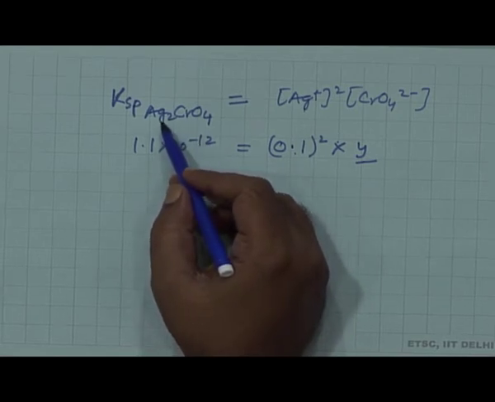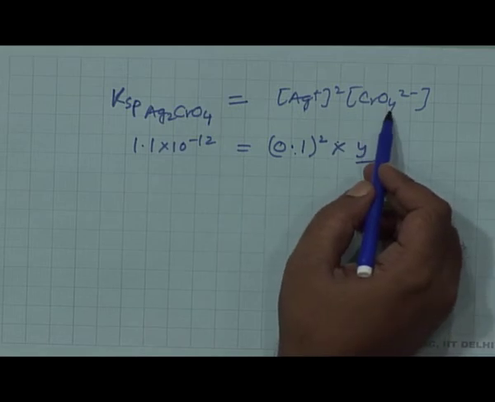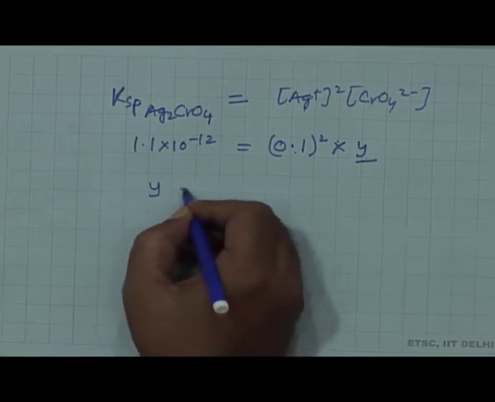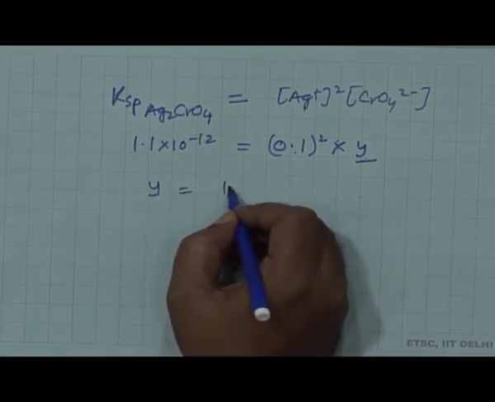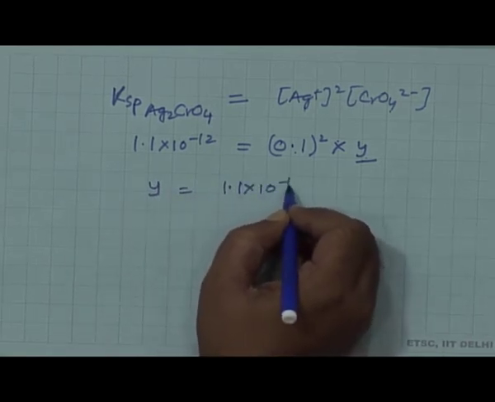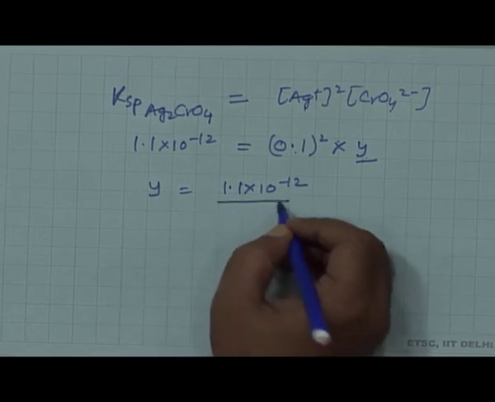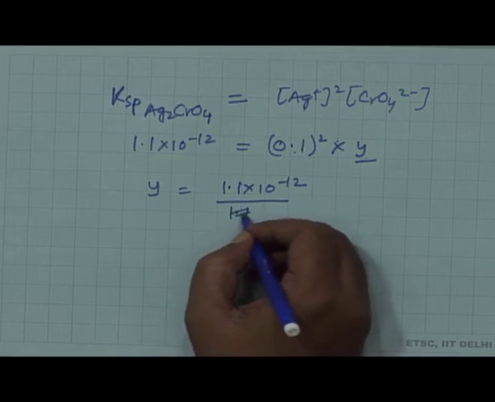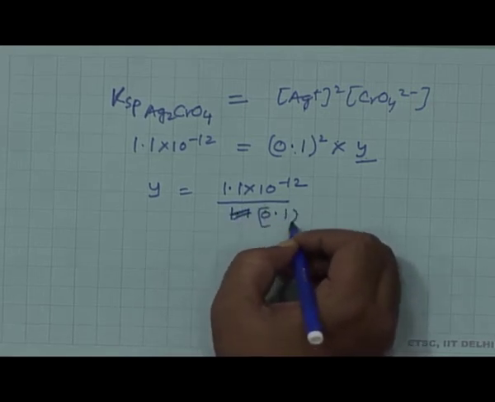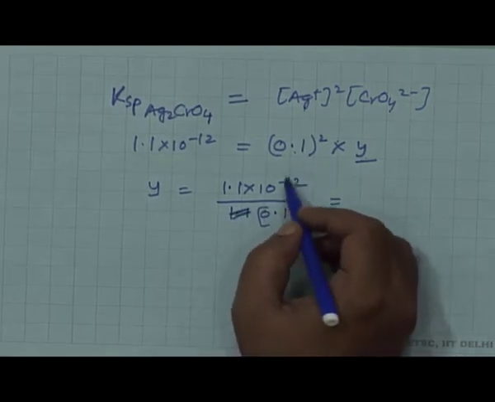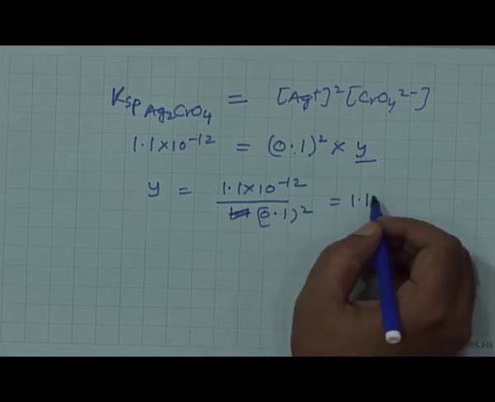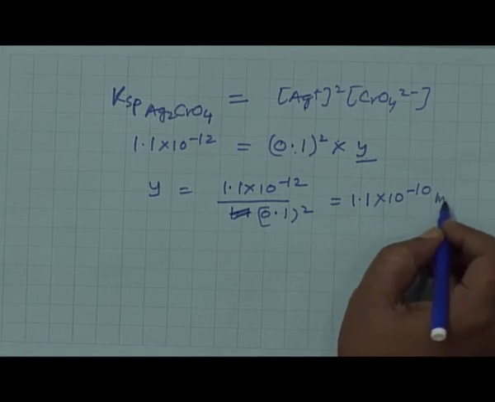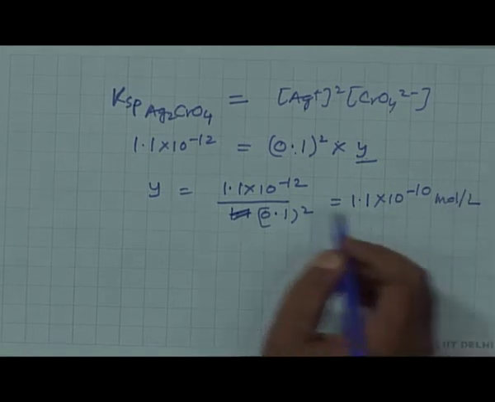If solubility is Y, then CrO4 2 minus concentration will be Y, and so Y is equal to 1.1 into 10 to the power minus 12 divided by 0.1 squared, and this is almost equal to 1.1 into 10 to the power minus 10 mole per liter.